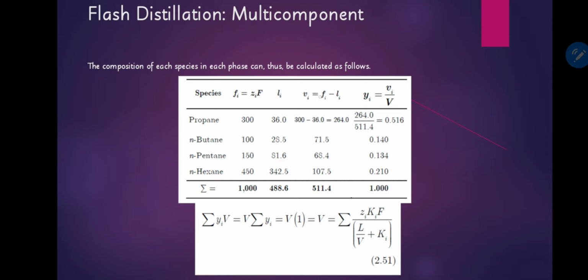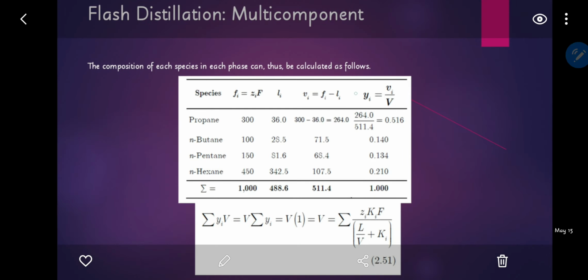Now, if I subtract Li from Fi, the flow rate of the species in the feed minus the flow rate in the liquid phase, that will give me the flow rate of the species in the vapor phase. This is a simple material balance. So that would be 300 minus 36, which is equal to 264. The same goes for N-butane, N-pentane, and N-hexane.